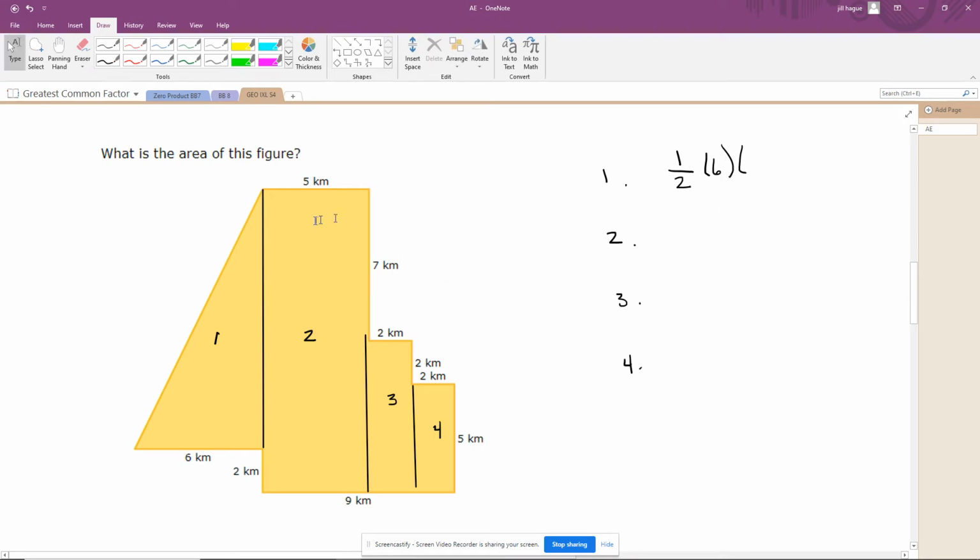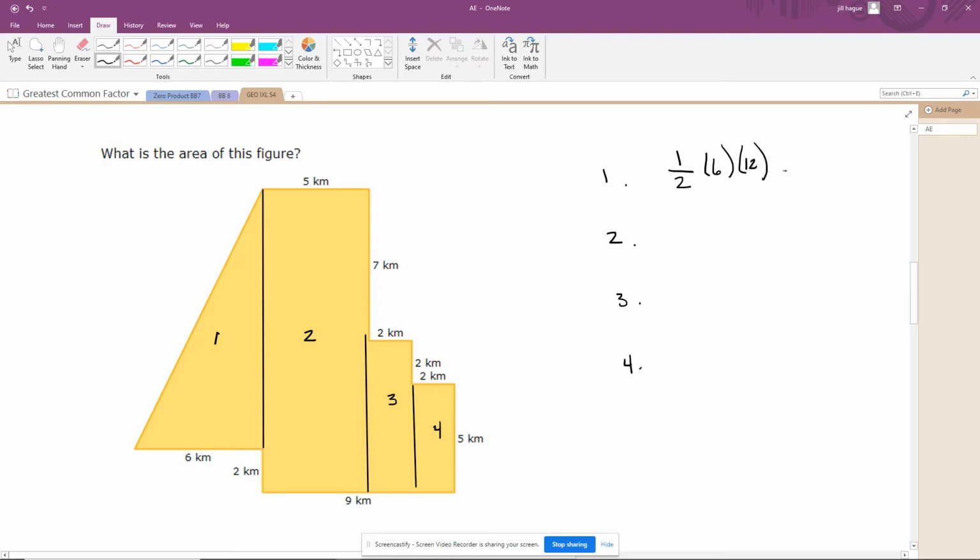So we look at the first piece from here to here is 7, plus this piece here is 2. Okay, so we have 7 plus 2 is 9, plus 5 is 14. But then I have to subtract this 2. So my height is actually 12.